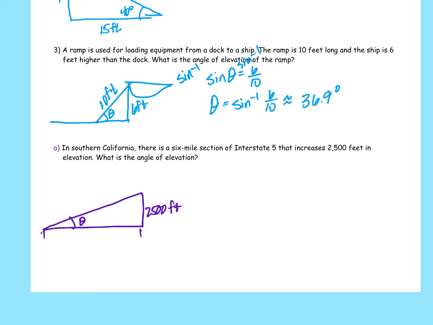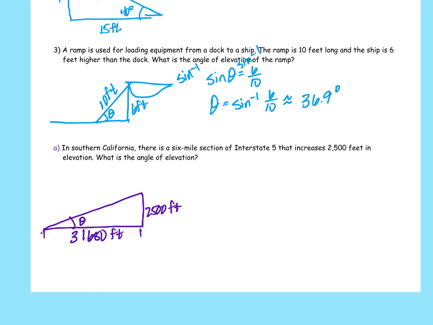So 6 miles has to be feet. How do I convert miles to feet? I multiply 5,280 by 6, because there's 5,280 feet in a mile. And I get 31,680 feet in 6 miles. Oh, I need to print another one of those.